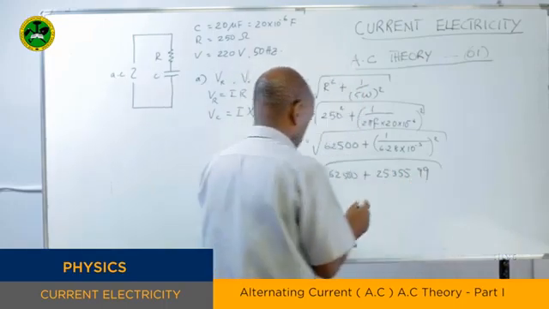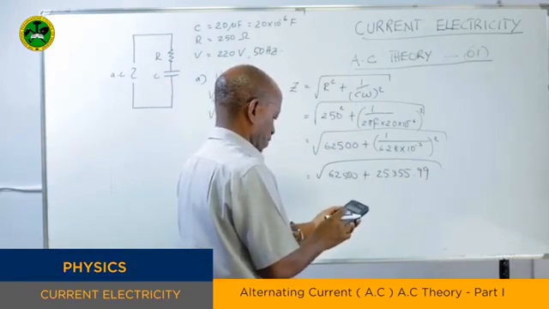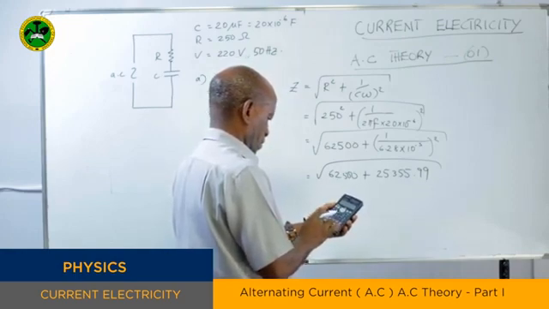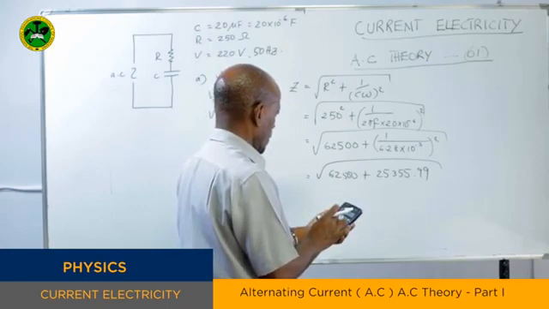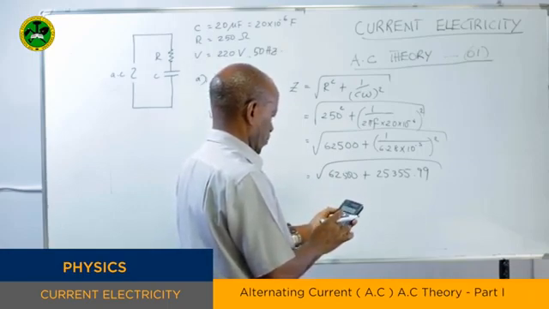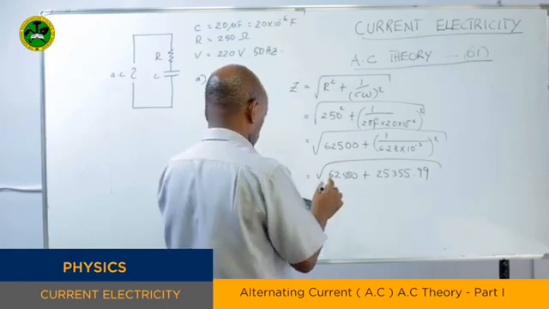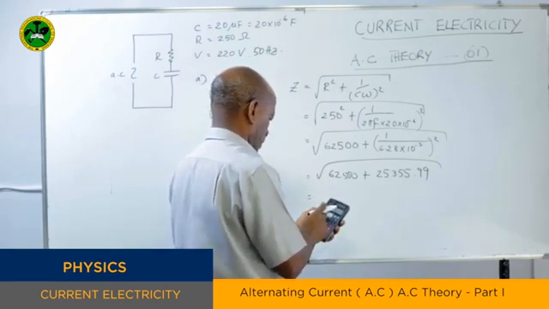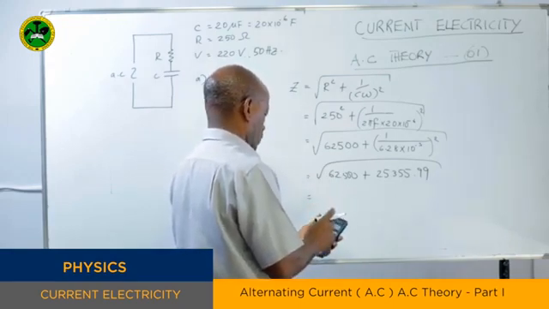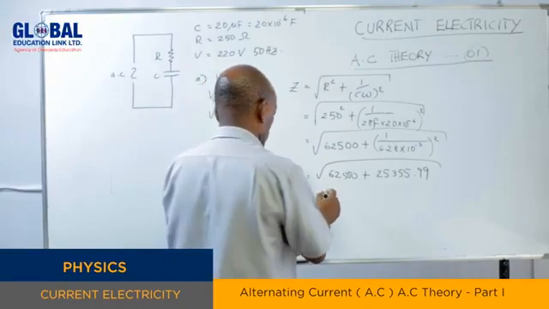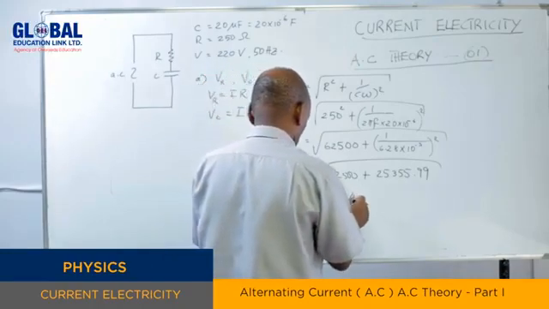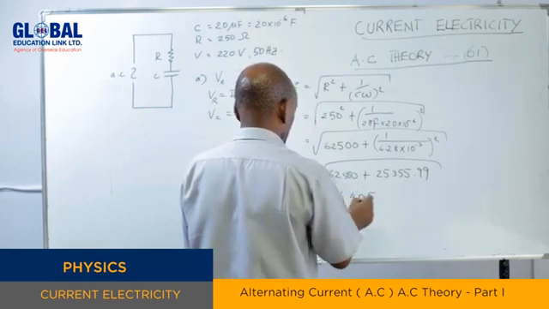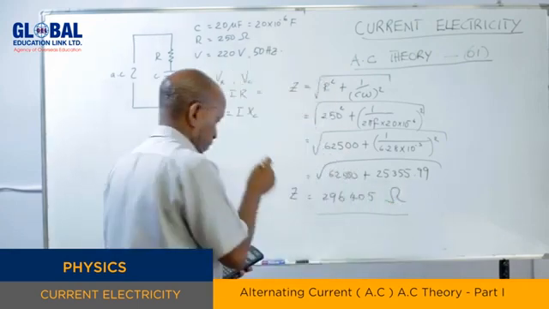If I add these together and take the square root, I get the answer. This will be equal to 296.405. The impedance will be in ohms.